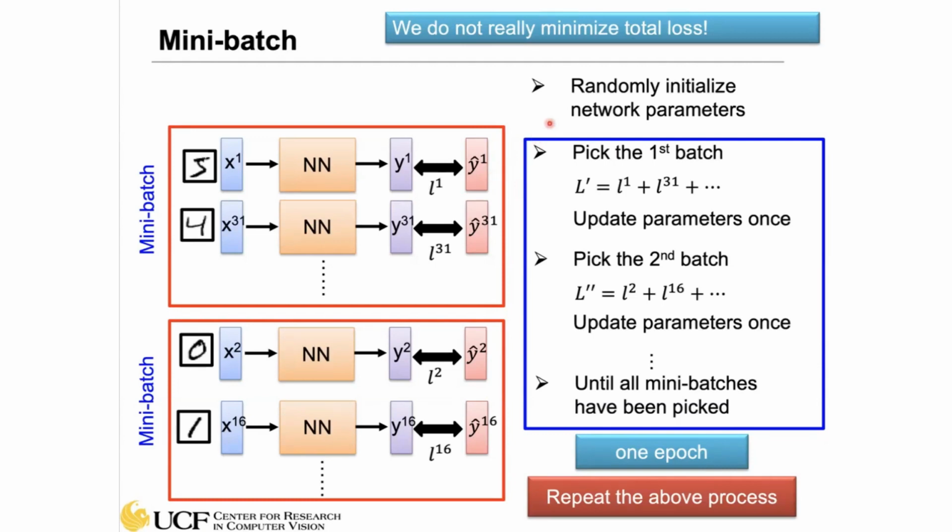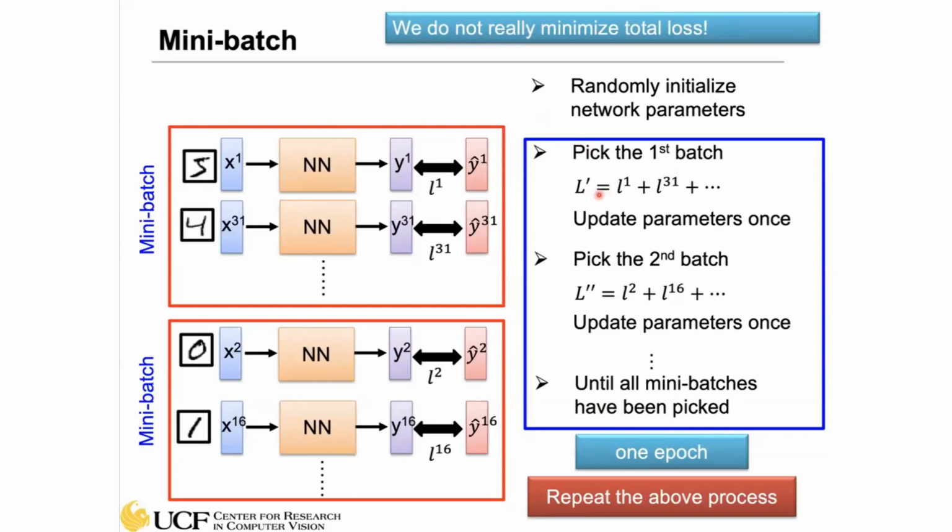First we decide how many images are going to be in a mini batch. Let's consider 10 images in a mini batch. In this case, we can divide the total of 100 images into 10 batches, and each batch will have 10 images.